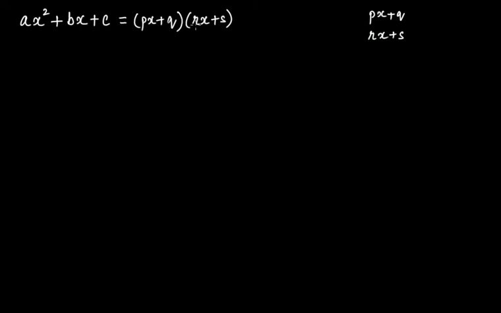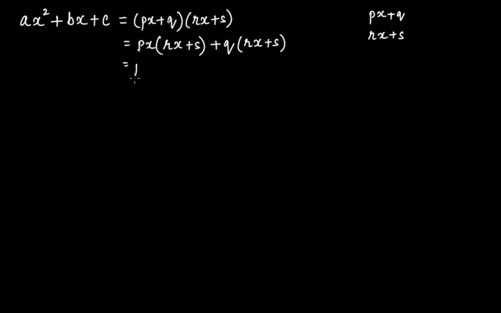if we take these two factors and use the distributive property of multiplication over addition, this becomes px multiplied by (rx plus s) plus q (rx plus s).